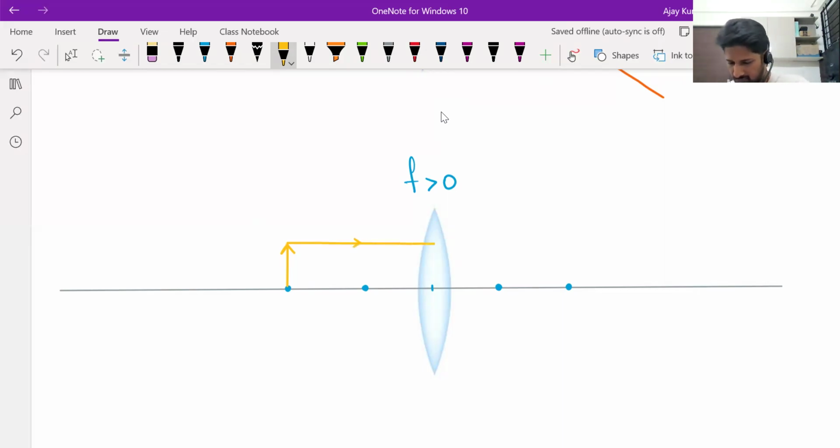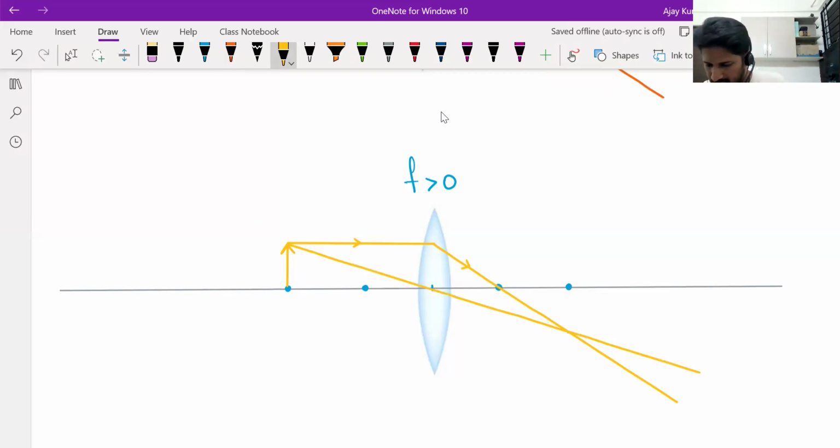This ray passes through the focus on the other side after refraction. And another ray drawn through the optical center passes without any deviation. And you can see where the two rays meet. They will meet exactly at 2f on the other side.